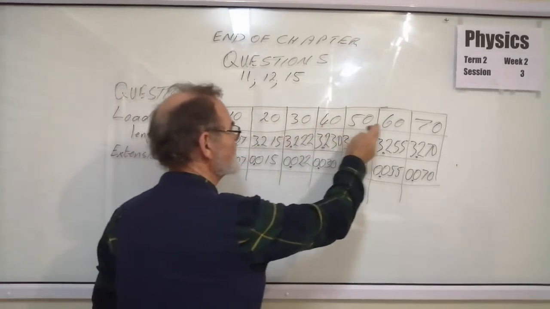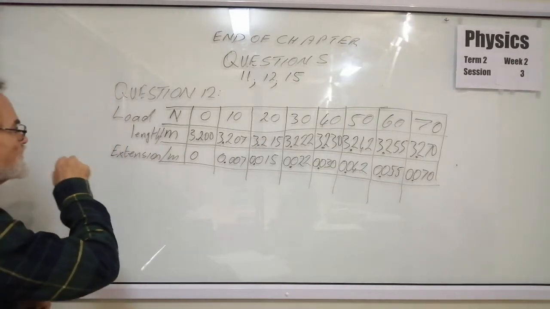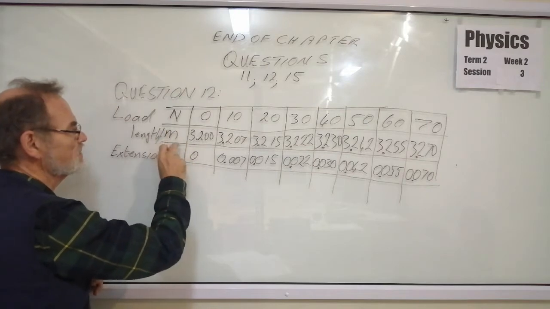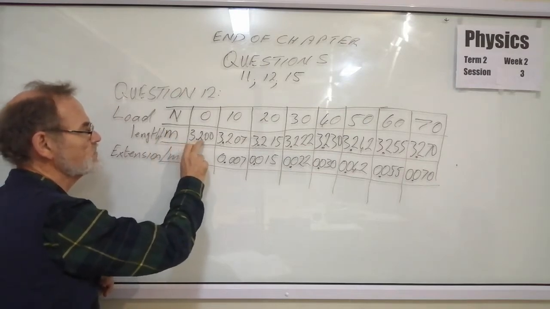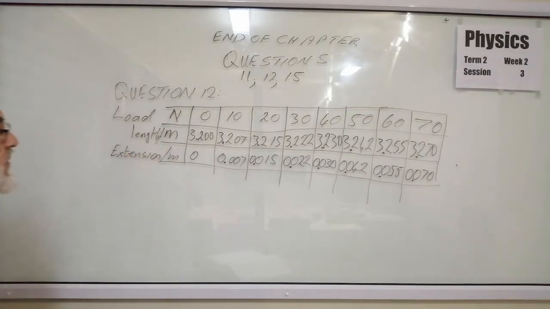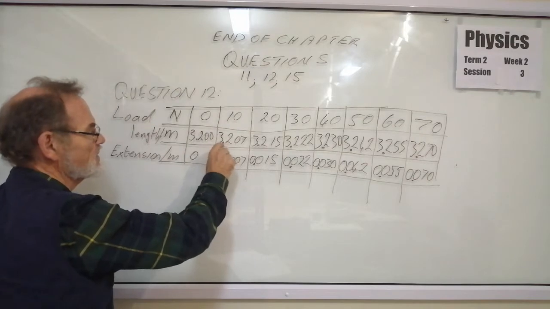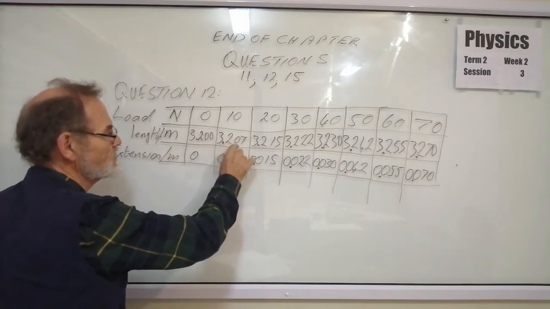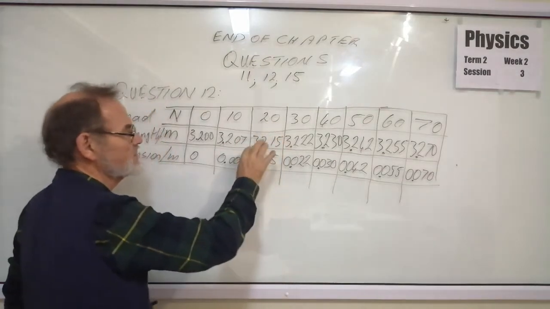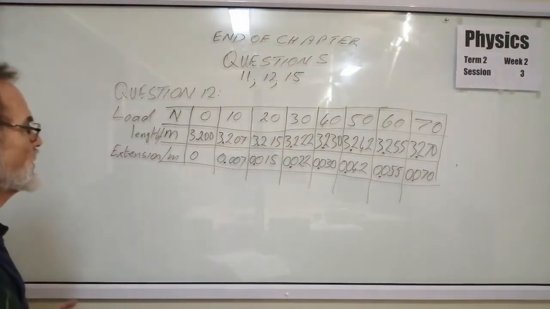And the length of the spring starts off at 3.200. That's 3.2, and this is in meters. With the 10 newton load, it then extends to 3.207 meters. With the 20 newton, it extends to 3.215 meters, and so on.